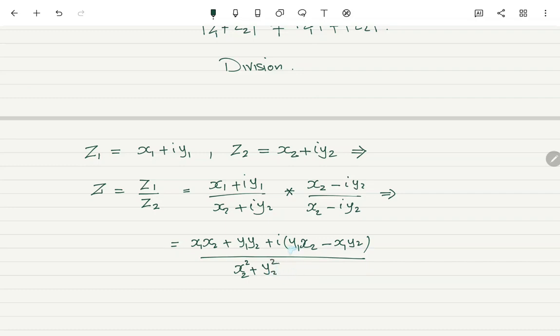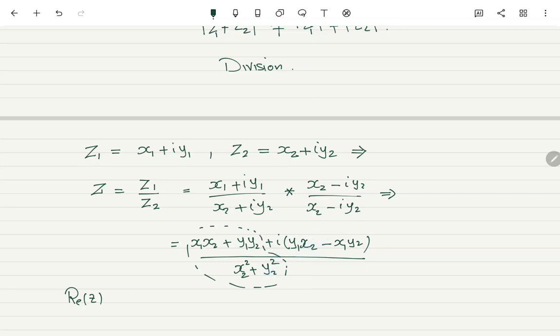Upon doing this, we can simply find where the real part is and where the imaginary part is.